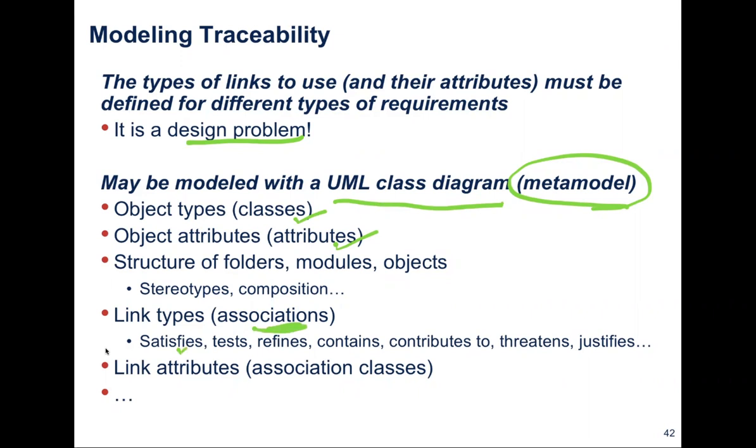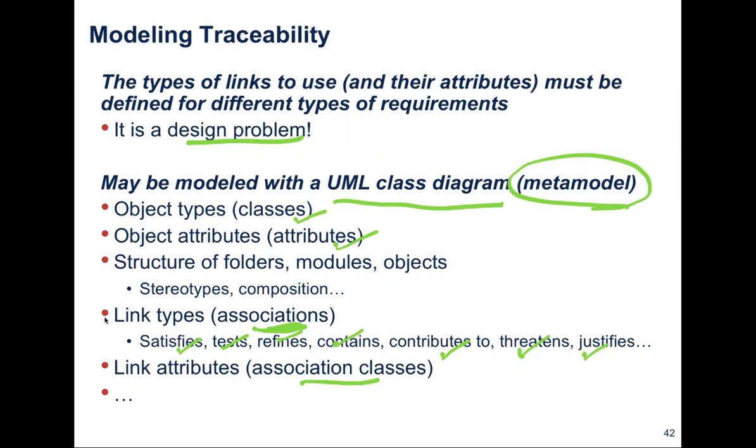It could be satisfies, tests, refines, contains, contributes, derives, and even justifies. Finally, the link attributes could be related to the association between classes, such as depends on, specified by, or a parent relationship. So I could easily use UML class diagrams to model traceability.